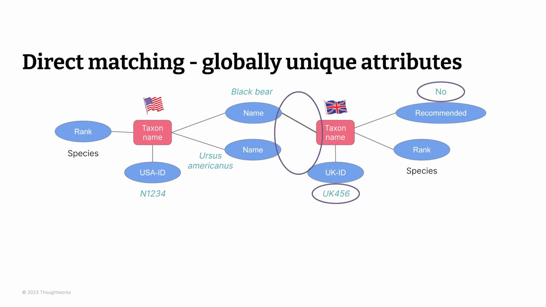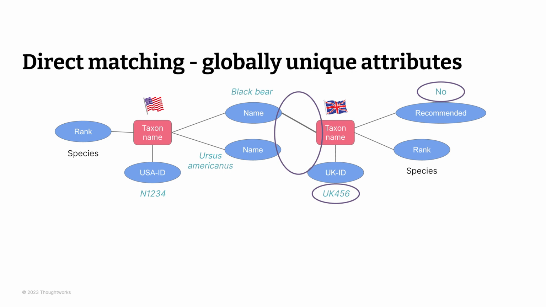But what about if you got an input name which was a synonym? So here we're using the common name, black bear, but typically it would be another version of the scientific name. So for Ursus americanus, something like Ursus americana has been historically used. So if the DNA sequencing produces what the UK considers a synonym, but the US considers a scientific name, that is also globally unique.